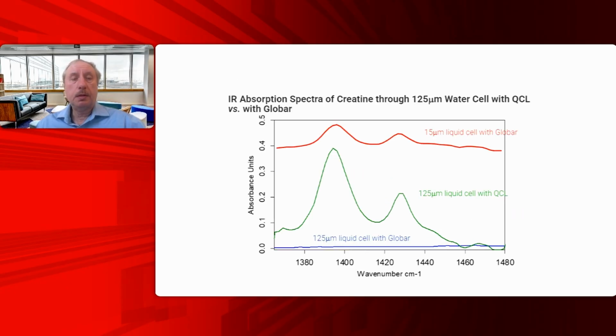Then we do our standard calculations of absorbance values, and we can get absorbance at 125 micron with the QCL, a very nice spectrum, which is what we expected, basically the same spectrum that we measured at 15 micron with a globar. It shows a distinct advantage of the QCL. Even with very highly absorbing materials, you still get light through and can get a decent spectrum of material dissolved in the water.